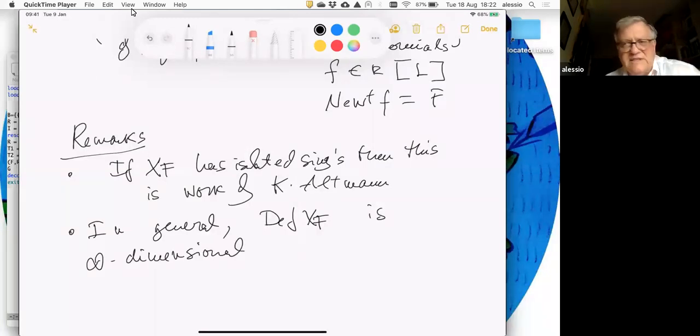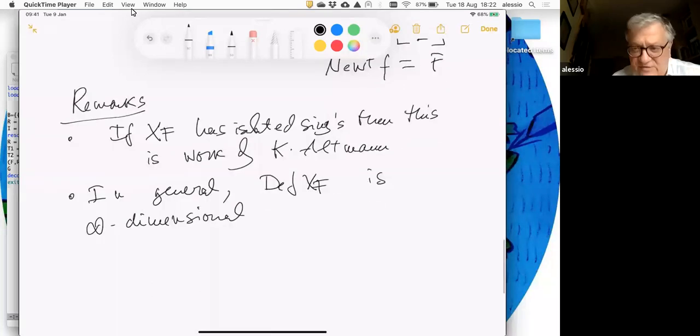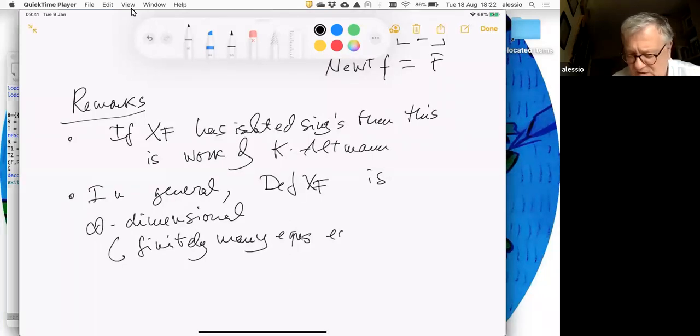But it turns out in this case in a very mild way. There are infinitely many variables, but there are finitely many equations, and each of them is using finitely many variables.